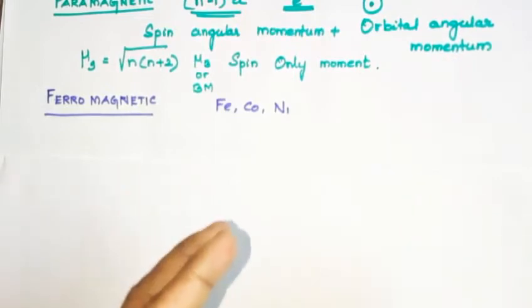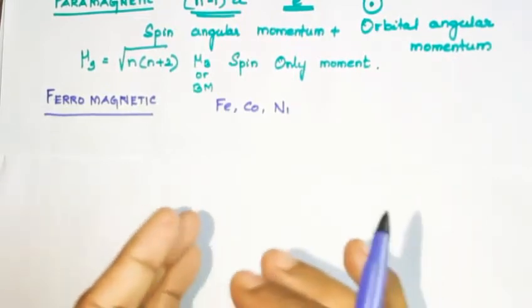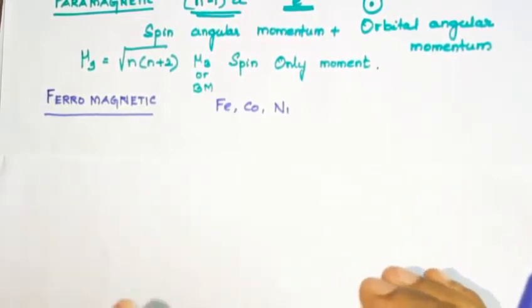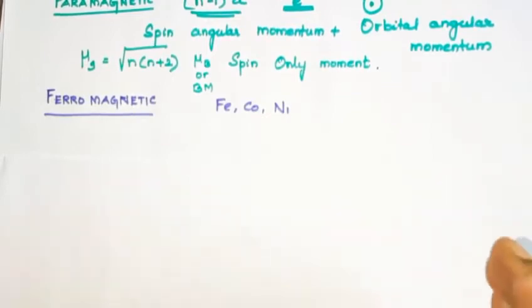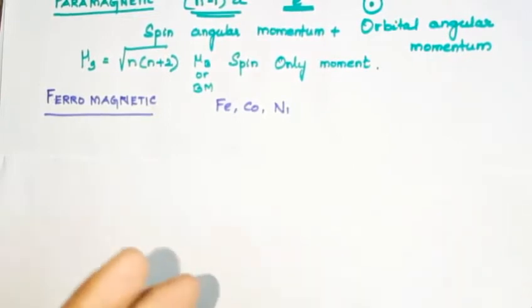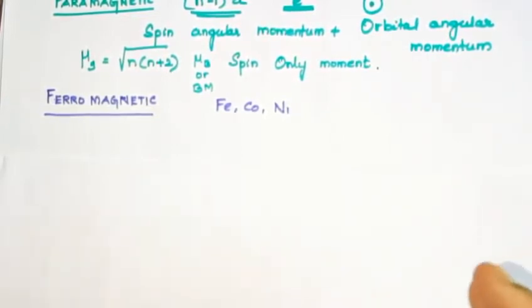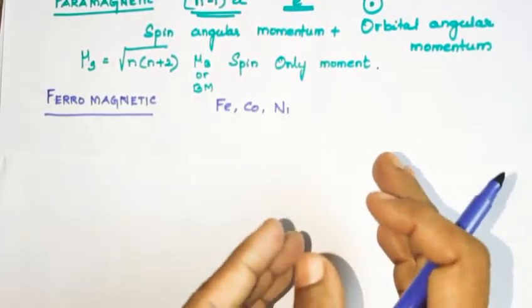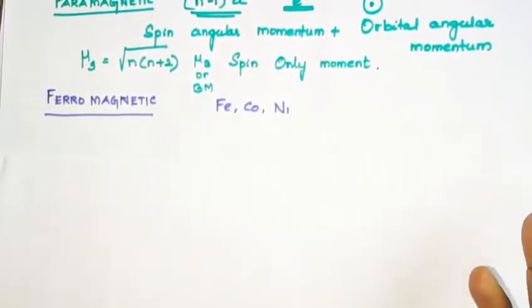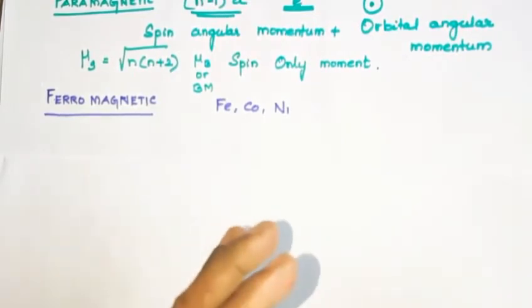The magnetic moment also increases from scandium to the middle, then decreases from the middle to zinc. So when the number of unpaired electrons increases, the magnetic moment also increases.